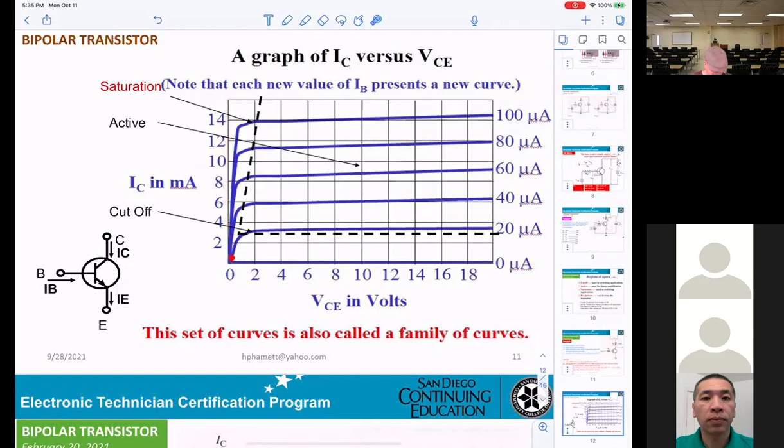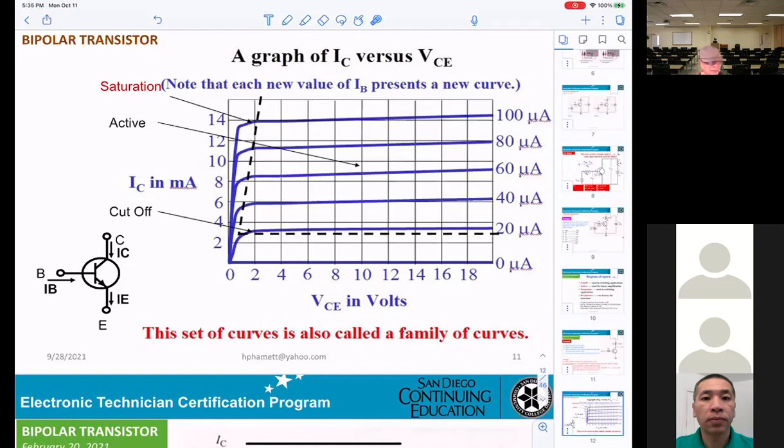And this stands for IC. Okay, so why do we need that load line? Normally, that's for the designer, not for the technician. But in general, you need to understand when they design the transistor, for what purpose?